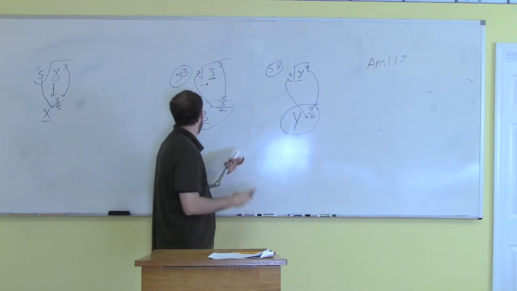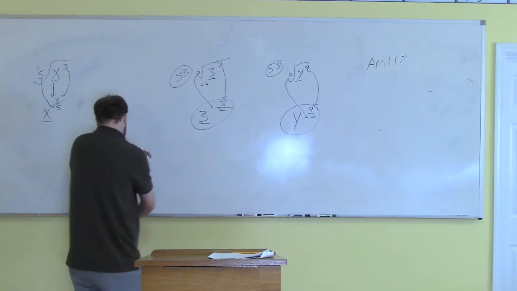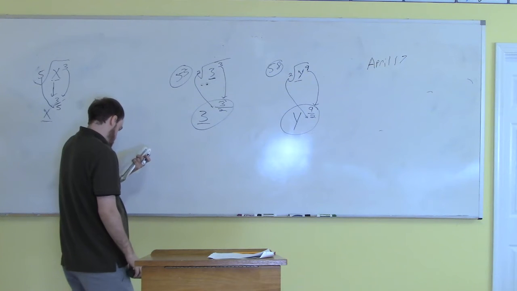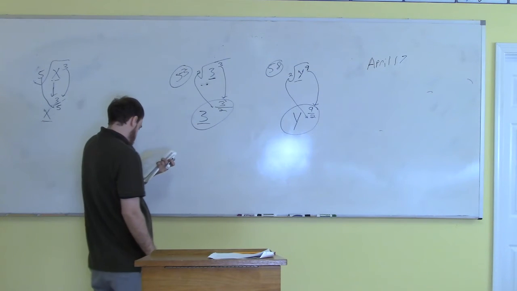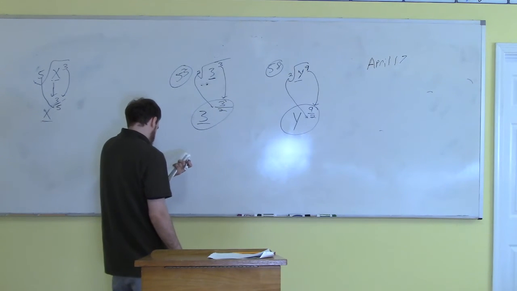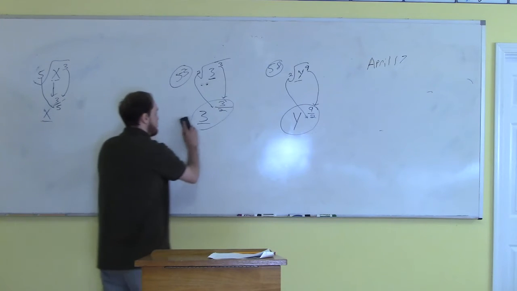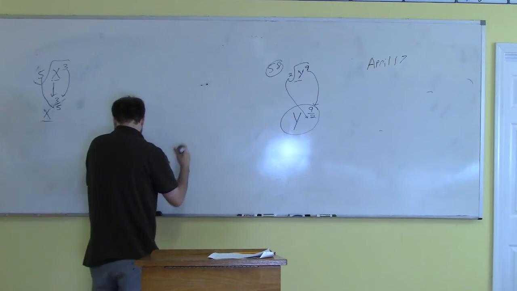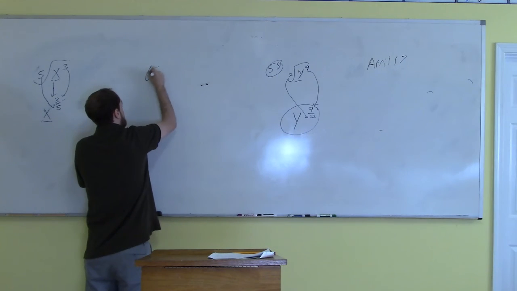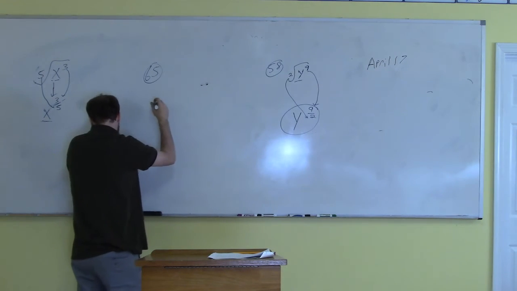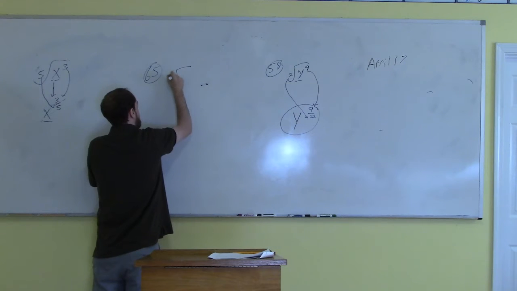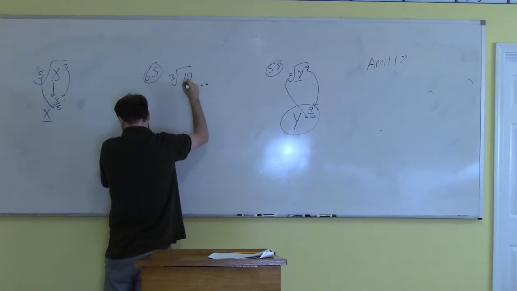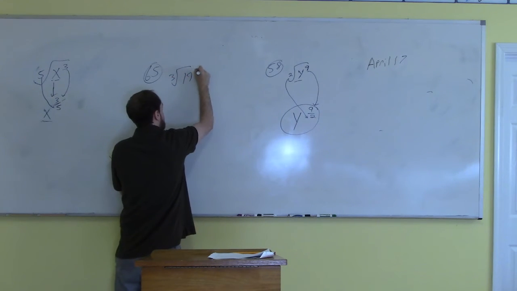Alright, we'll try another one. I'll do 65. It says the cube root of 19 squared.